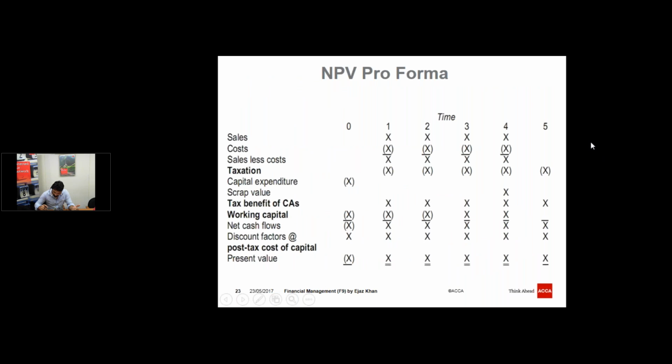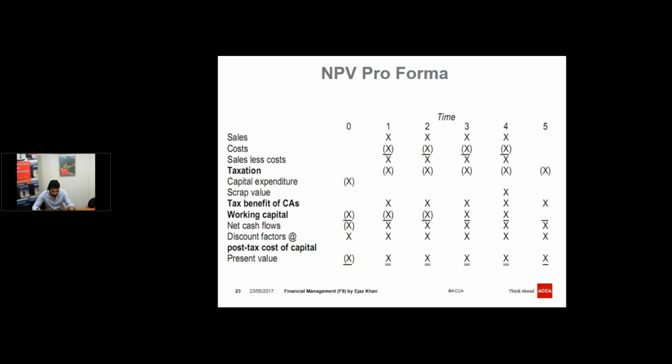Okay. Now what we have to do is to discuss this NPV pro forma. Look at this pro forma. In all our previous examples, I have given you the cash flows for the year. For example, at the end of year one, I've told that we are going to receive $9,000.